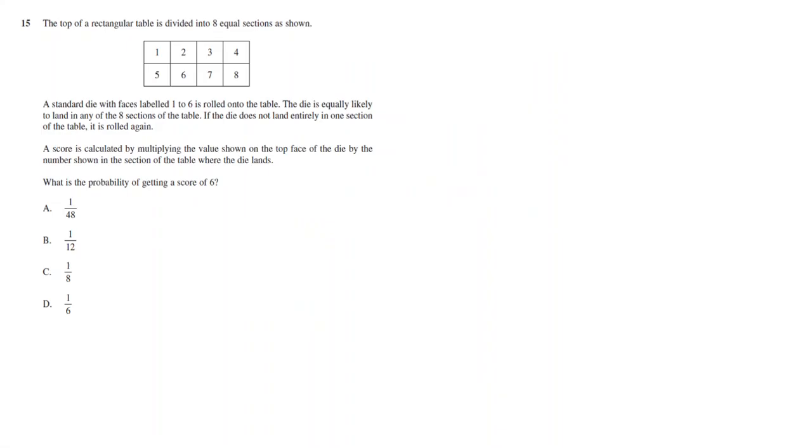So let's take this out. You first need to figure out how you can get a score of 6 before even calculating the probability. What are the different ways that you can get a 6? So if this is the die, let's make some combinations. If this is the die and this is where it lands on the table, one way this can happen is if the die comes out as 3 and it lands on 2, then 3 times 2 is 6, right?